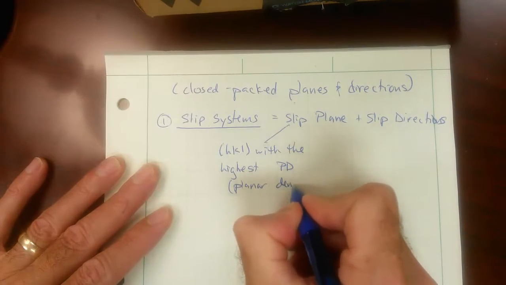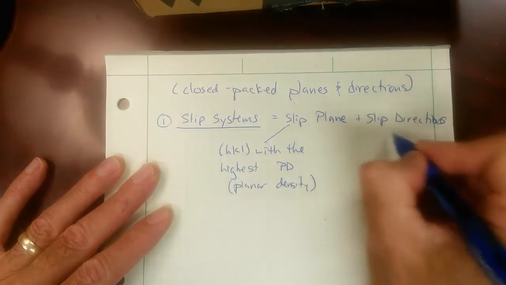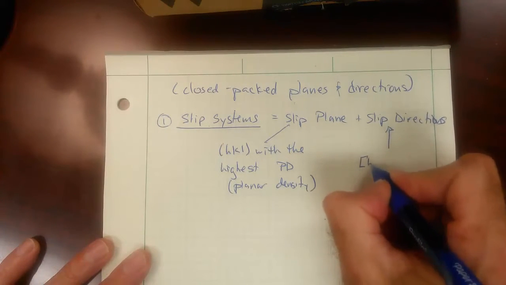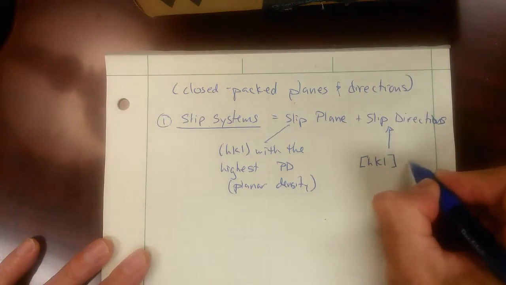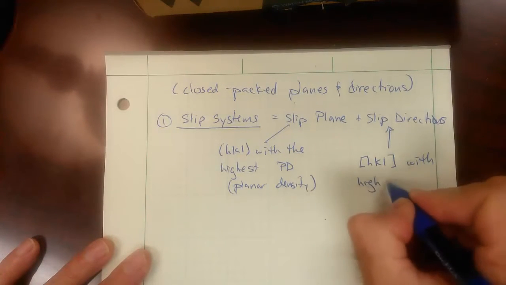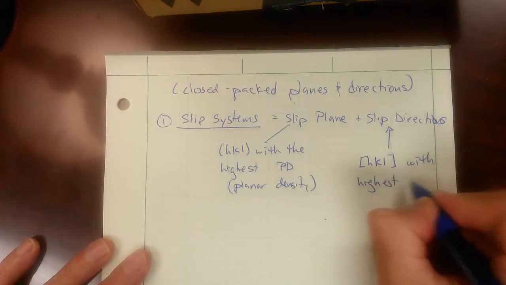PD is planar density if you don't remember that. And slip directions are the directions given by Miller indices HKL with the highest LD, or linear density.